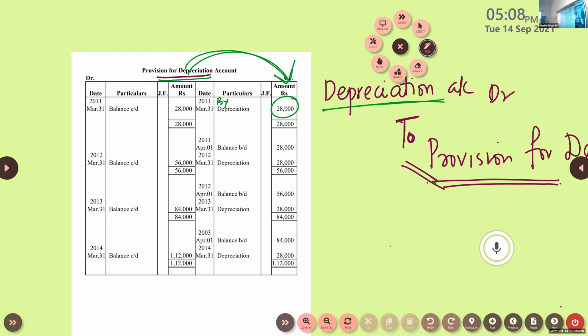Now, that's all. Same as the earlier case with machinery, we don't have anything else to be recorded. So here nothing is there, 0.